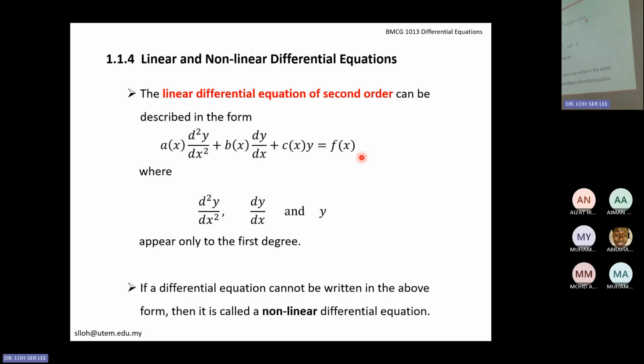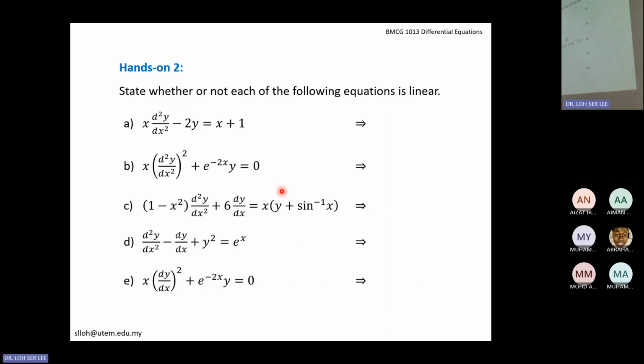If any of these criteria is violated, that means the differential equation is non-linear. Both criteria must be satisfied to be a linear differential equation.